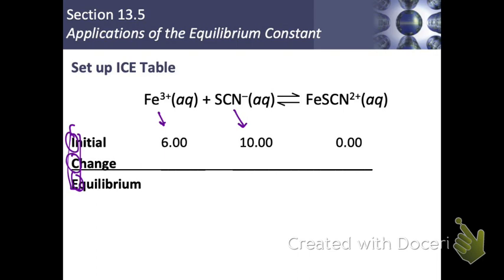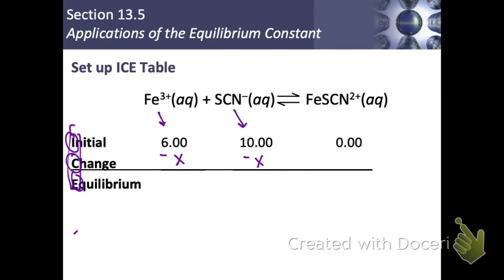Okay, I want you to look here at our coefficients. What's the ratio of our coefficients in this problem? All 1 to 1 to 1, which means whatever concentration leaves my reactants, it's going to happen at the same rate. The amount of moles that would transfer to my product would be the same for iron and SCN.